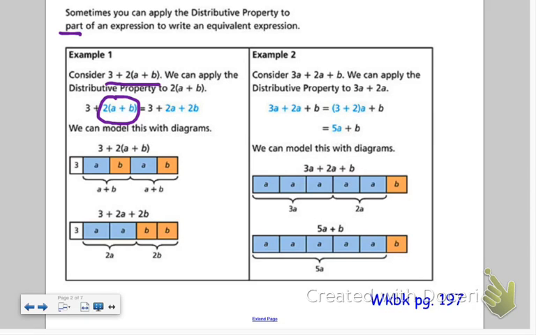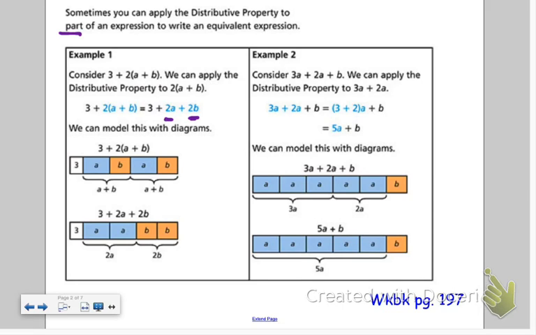You want to take the 2 outside the parentheses and multiply it with everything inside the parentheses. So 2 times A gives you 2A, 2 times B gives you 2B, and you bring your addition sign along for the ride. So now you can rewrite that original expression of 3 plus 2 times the sum of A and B as 3 plus 2A plus 2B.